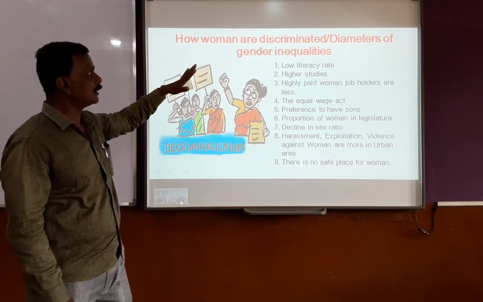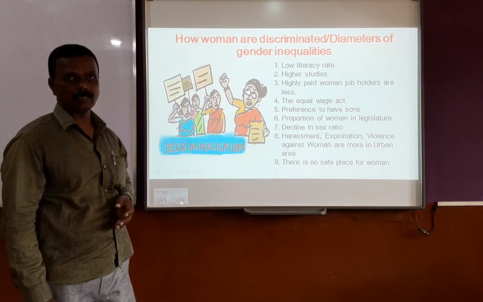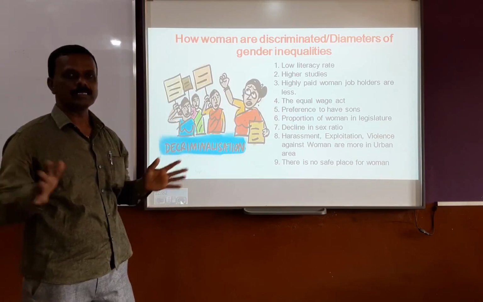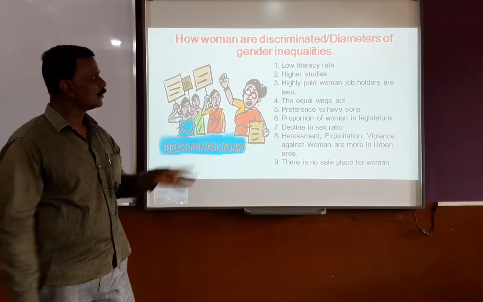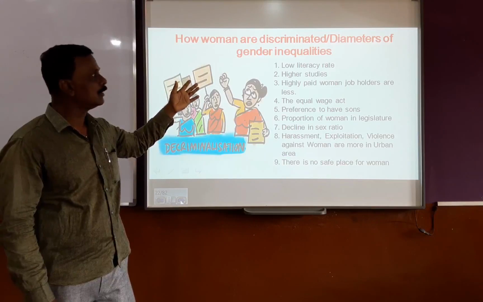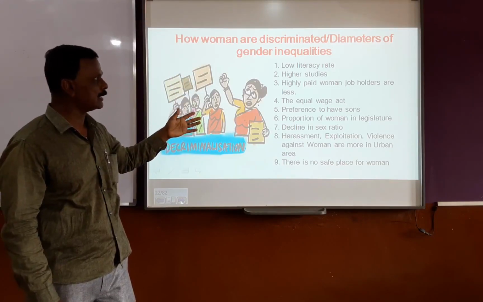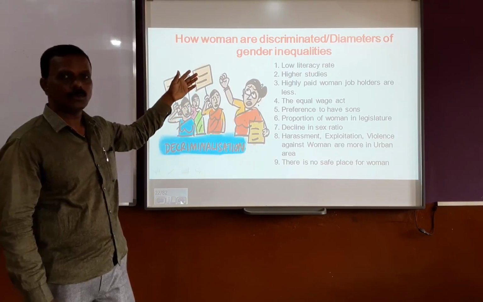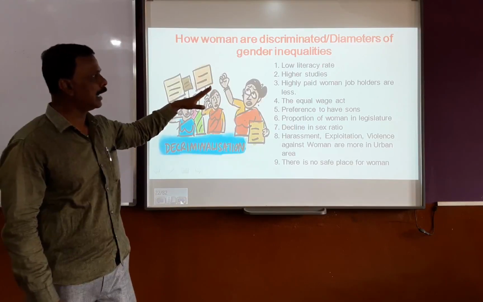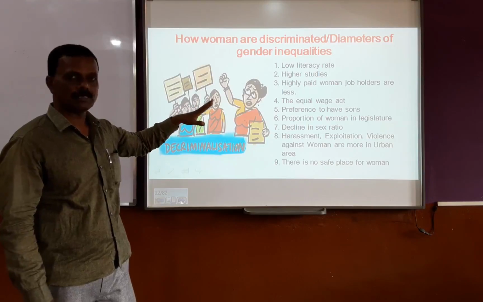So how are women discriminated, or what are the dimensions of gender inequalities? These are the ways to discriminate against women we can see. First, low literacy rate. Second, higher studies. Third, highly paid women job holders are very few. Fourth, the Equal Wage Act.